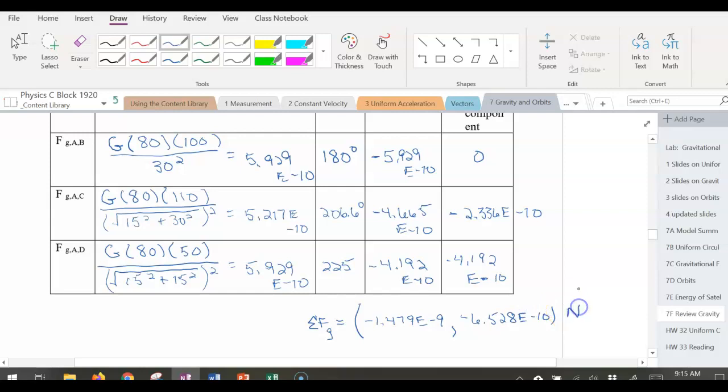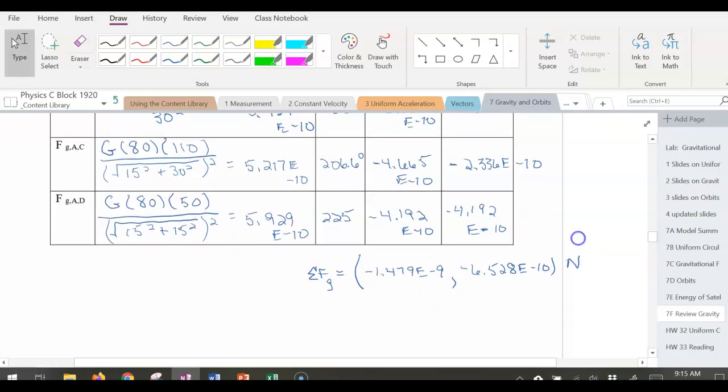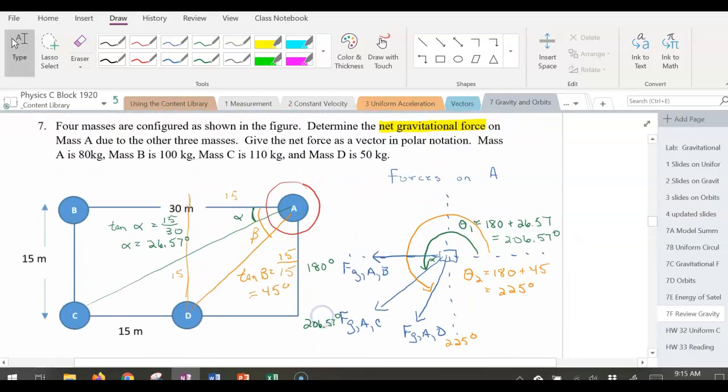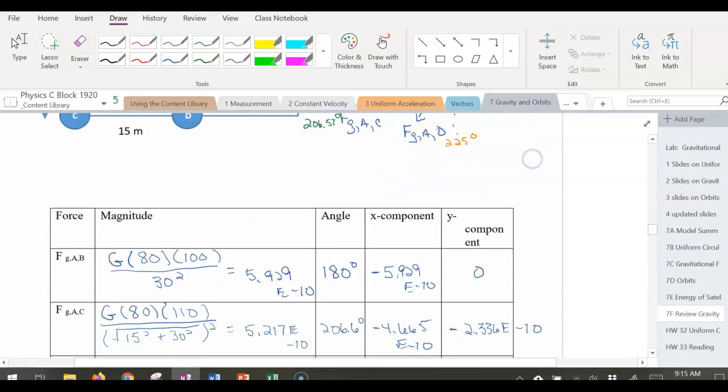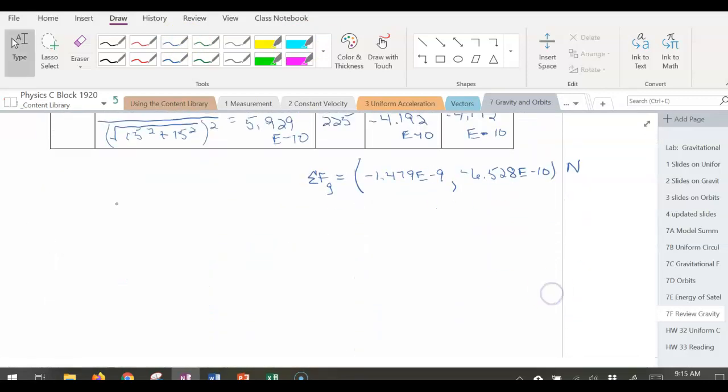Okay. That is the sum of all three of those forces, but this problem wanted us to give the answer in polar notation, and so I just need to take this information and find the magnitude and the angle.